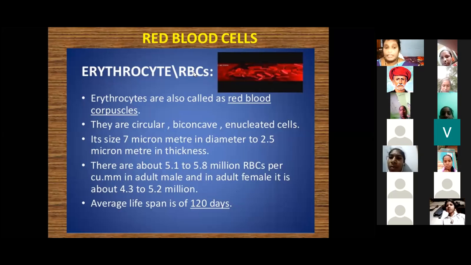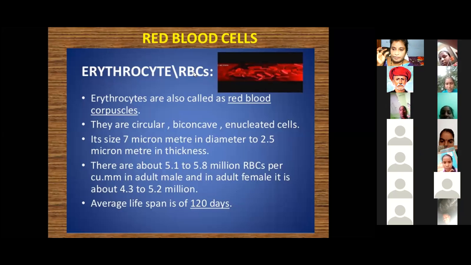Next, the red blood cell size is 7 micrometer. The thickness around the diameter is 2.5 micrometer. దాని యొక్క మందము, red blood cells around the diameter is called the thickness of 2.5 micron.